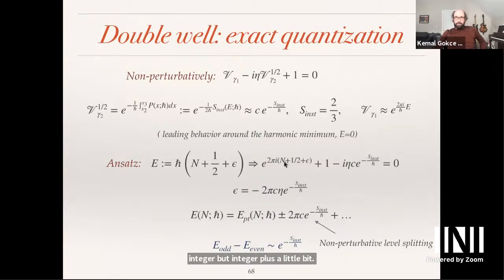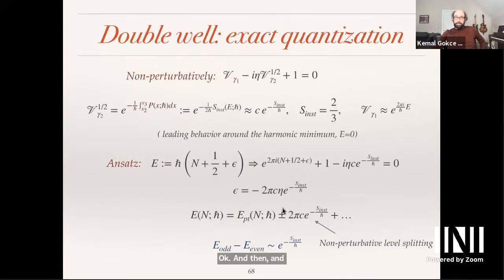I can plug it here for v of gamma 1 and expand in epsilon, and I find that the leading order epsilon is indeed exponentially suppressed, and this factor S inst is the leading order term in the instanton action, which is 2/3.